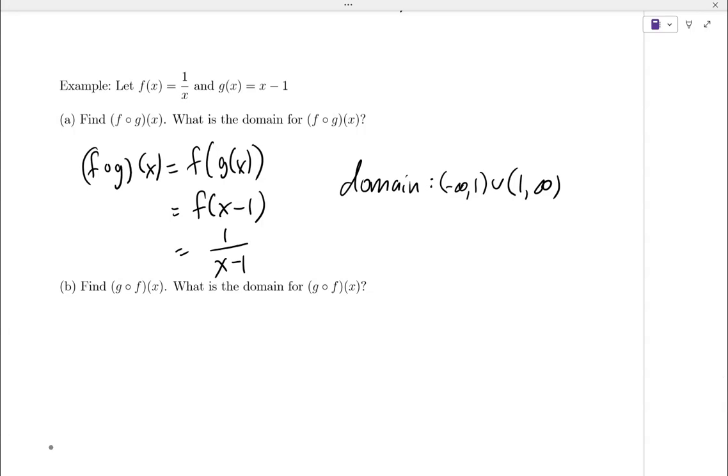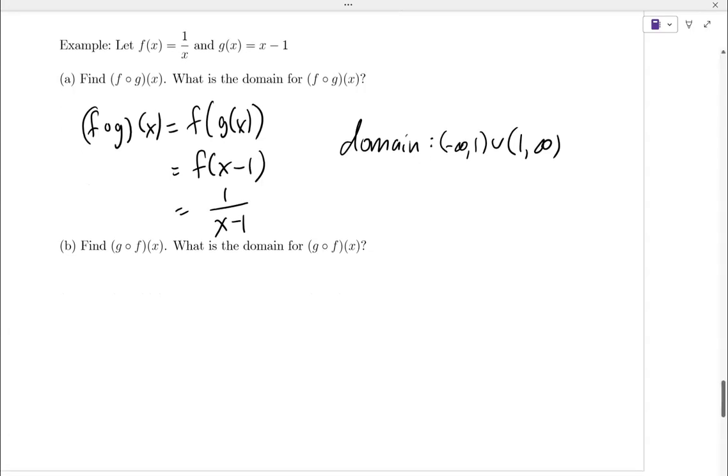So again, we need to eliminate the 1 out of the interval from minus infinity to infinity. What about the second part? What do we do?